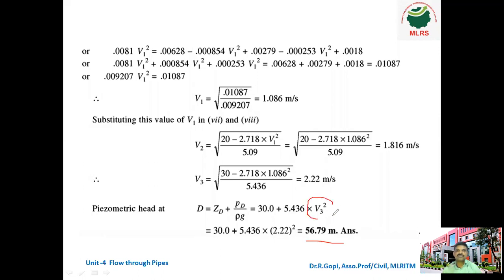If you use the V1 formula you have to substitute V1, and for the V2 formula you have to substitute the V2 velocity. I am using the V3 equation, so I put V3 equal to 2.22 squared. Finally we got 56.79 meter. That is the final answer of the piezometric head at point D.